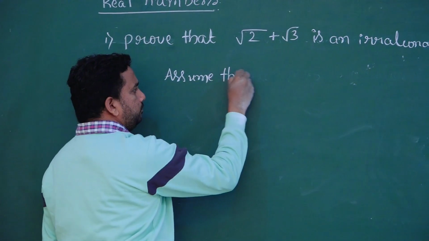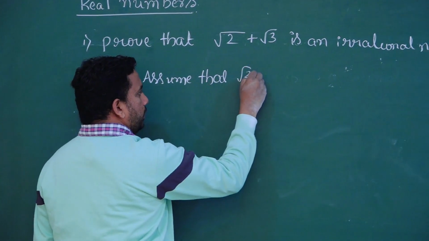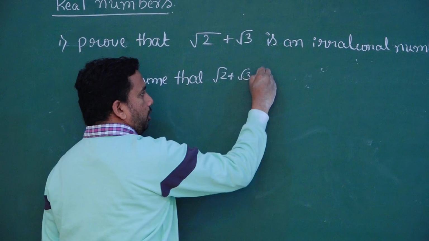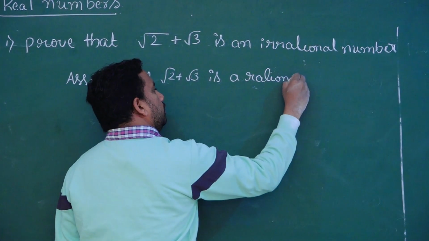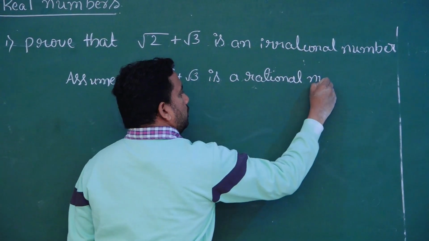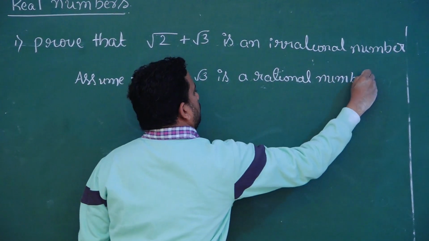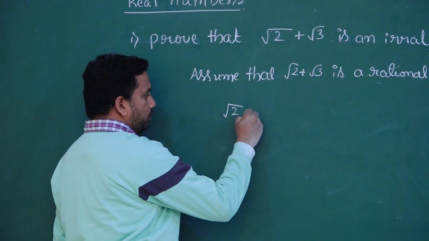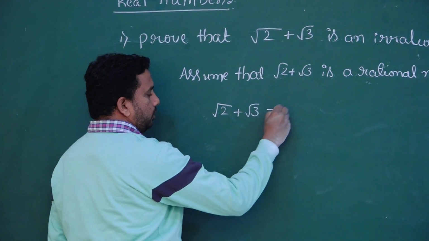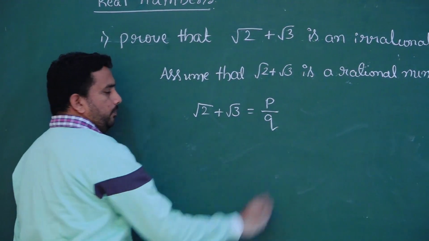Assume that root 2 plus root 3 is a rational number, so we can write it in the form of p by q.